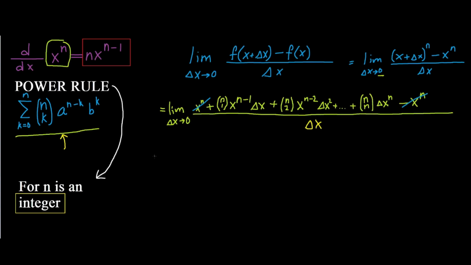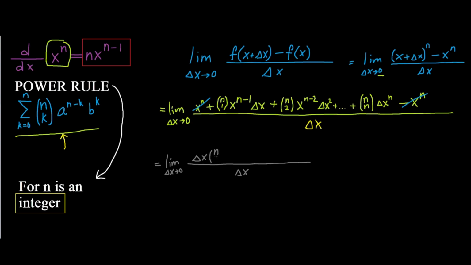So what we're going to do is bring it down a little bit more. We're going to say this equals the limit as delta x approaches 0, and we're going to have delta x at the bottom, and I'm factoring out this delta x here, right? And then we're going to have everything else inside.